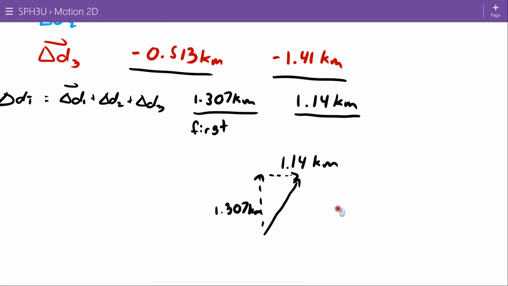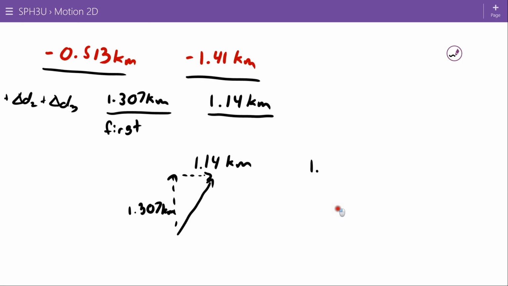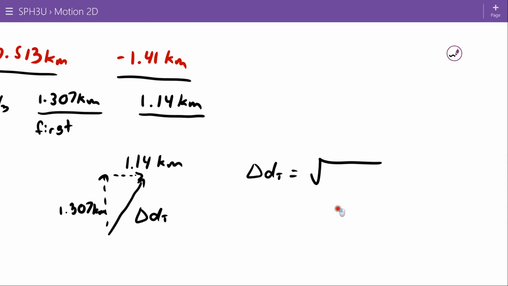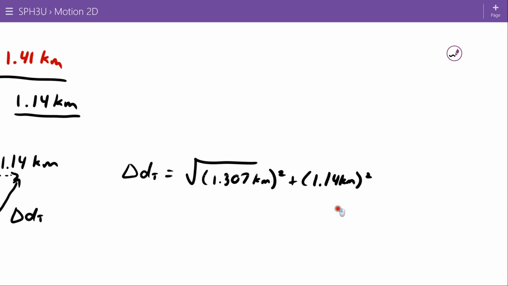To get the result in here, I'm going to use the Pythagorean theorem. So a squared plus b squared square rooted. This is just calculator work.